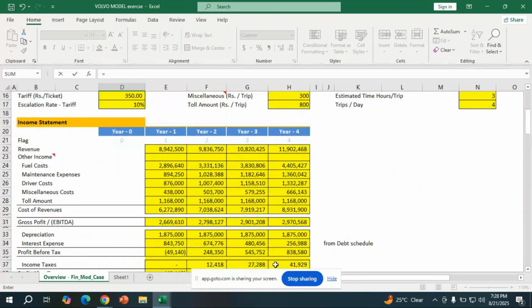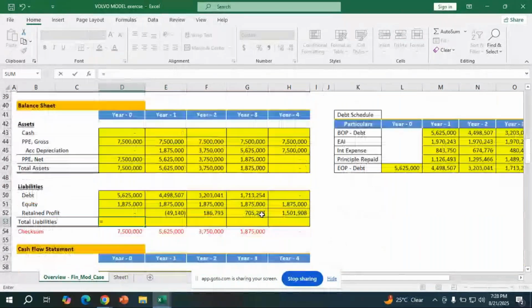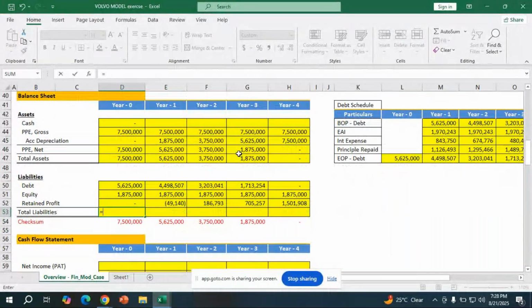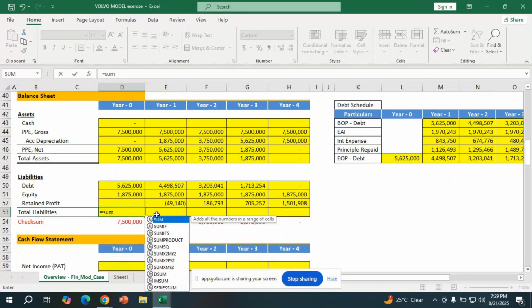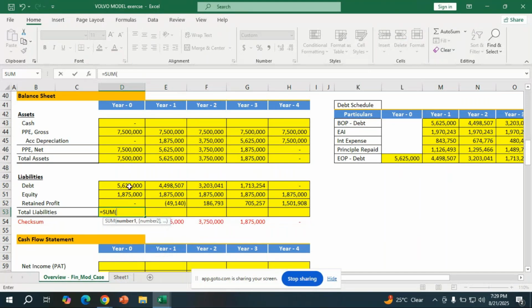Until then, you have to be patient. Total liabilities, we will calculate it later. Considering your other figures, you can calculate the sum, but afterwards we have to make changes. So you can do it and complete it.